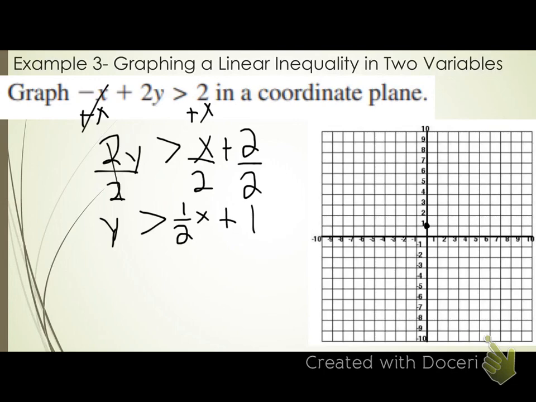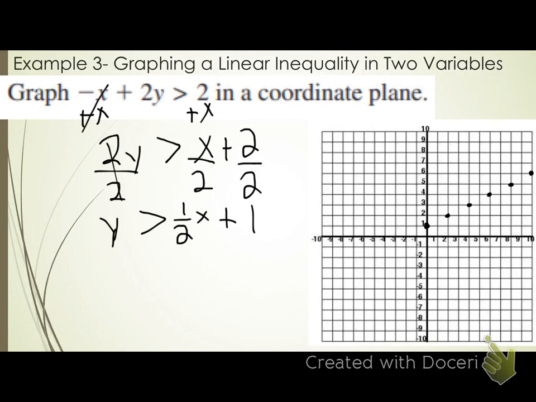What's my slope? 1/2. So which two directions am I going? Up 1, right 2. I just keep doing that until I run out of graph. What other two directions can I go? Down 1, left 2.